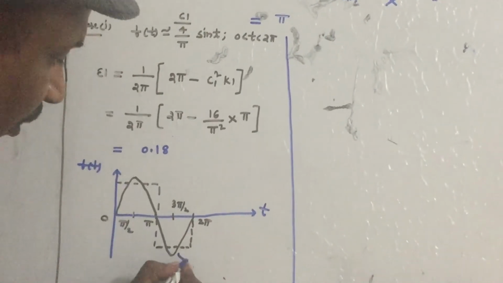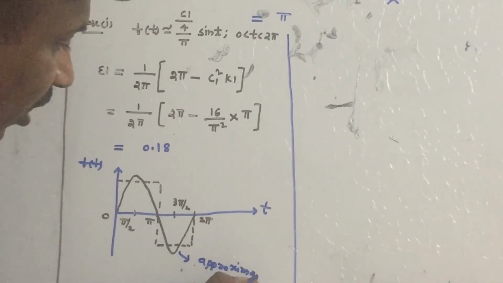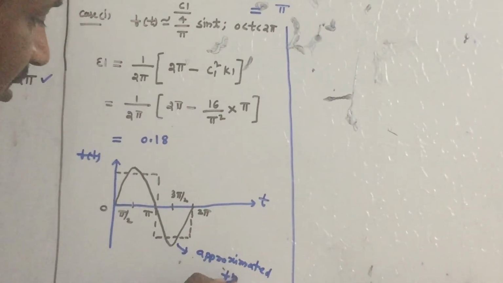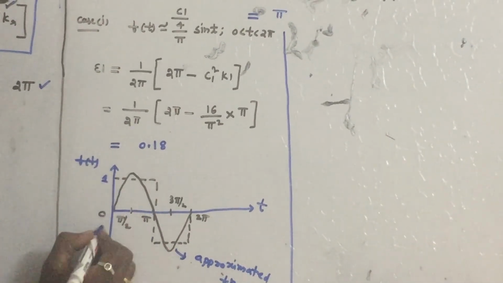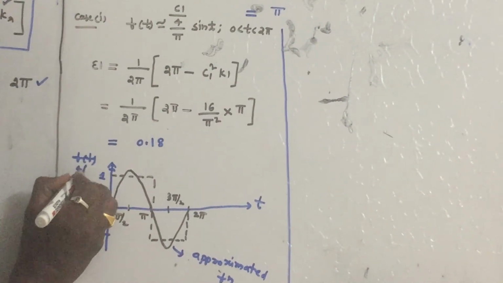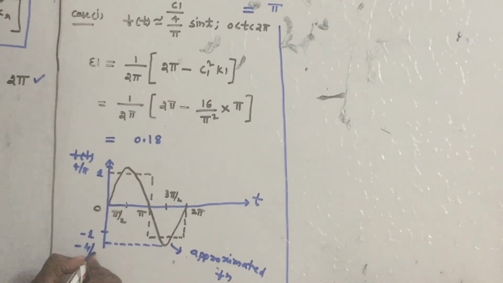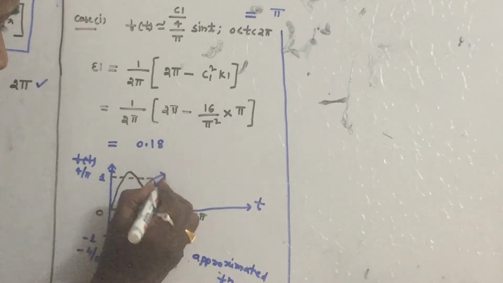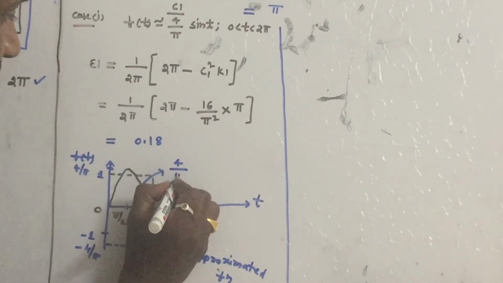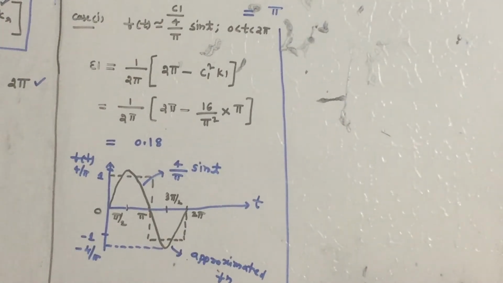So this is your approximated function with one orthogonal function. The dotted line is the original function. So this amplitude is 4 by pi, the negative amplitude is minus 4 by pi. So this is your signal 4 by pi into sine t.